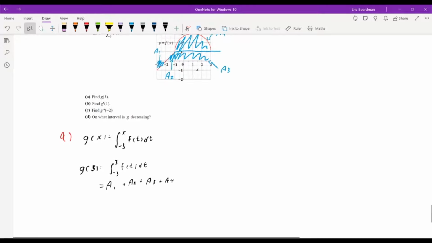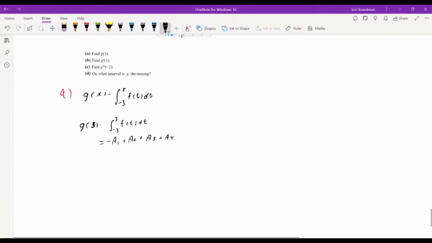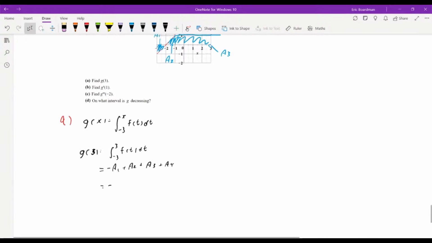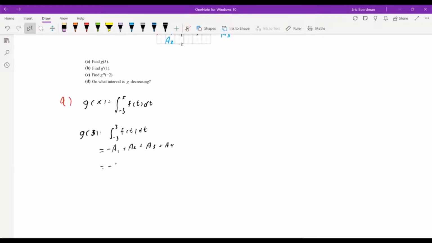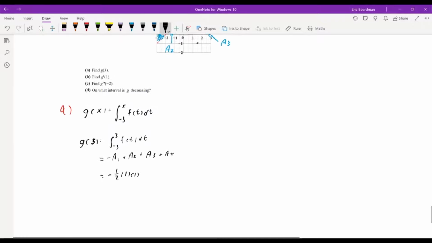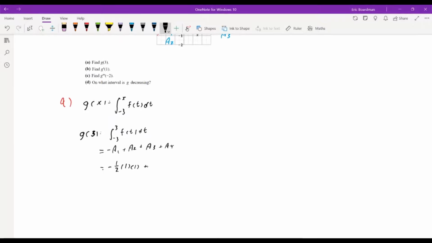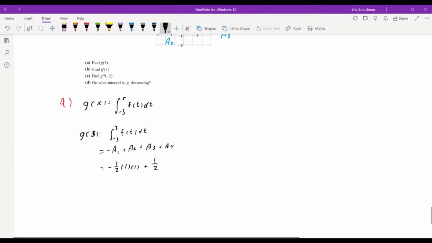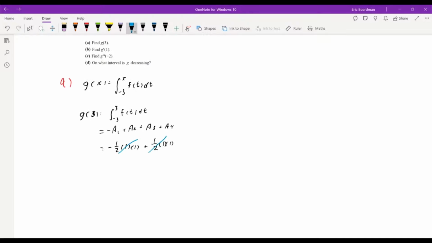And since A1's below the x-axis, technically we can say that this is negative A1. This is a triangle, so it's base times height divided by 2. So it's -1/2 times 1 times 1. A2 is the exact same triangle, but just above the x-axis. So these actually cancel.